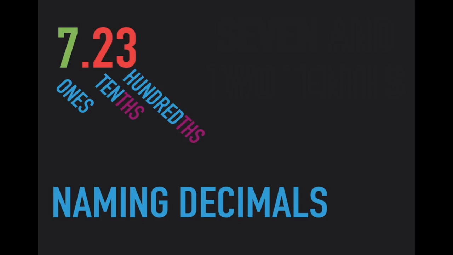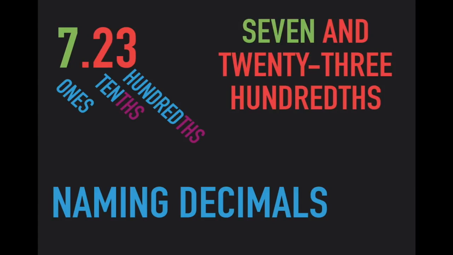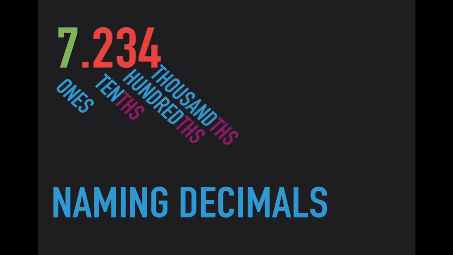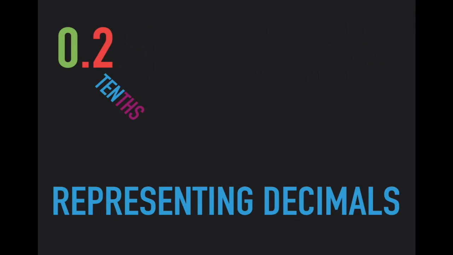Because hundredths is the smallest unit in this decimal, you talk about it based on hundredths. So this becomes 7 and 23/100ths. So whatever the lowest place value that's available in the decimal, if it's tenths, you talk about it as tenths. If it's hundredths, you talk about it as hundredths. But again, for the grade 6s, the smallest unit in this decimal is thousandths. So in this case, it would be 7 and 234 thousandths.